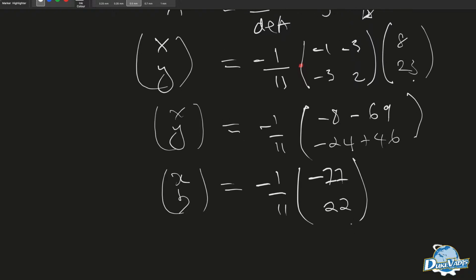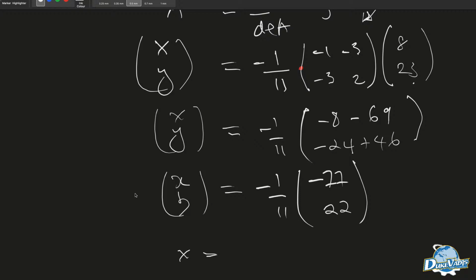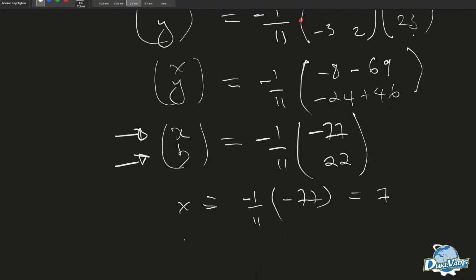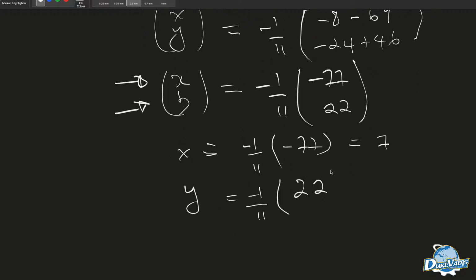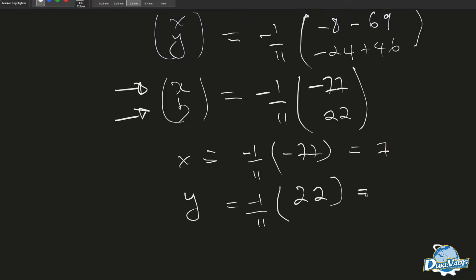Okay, since we're looking for the values of x and y, our x value will be equal to negative 1 over 11 times negative 77, and that will give us 7. And y is equal to negative 1 over 11 multiplying 22. That will give us negative 2.